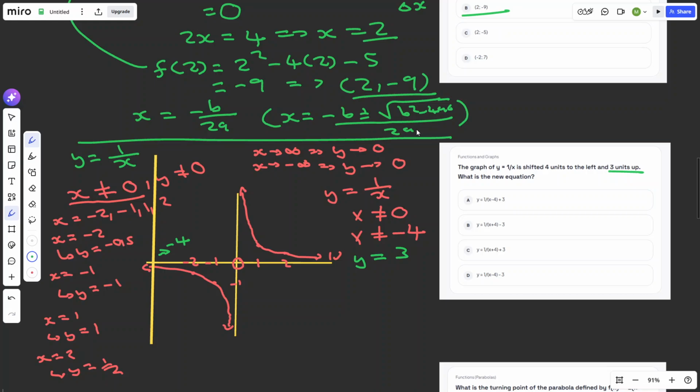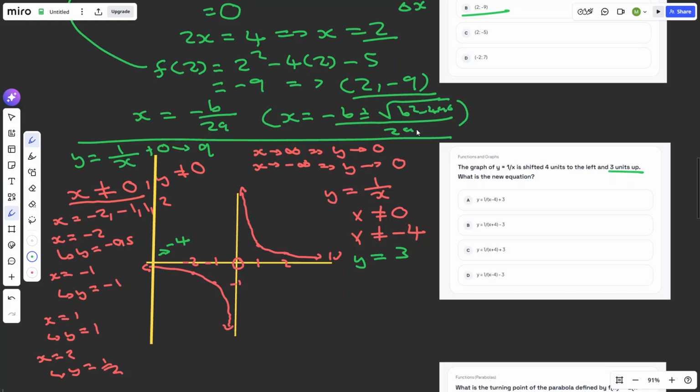Initially y was equal to 0, which is here, but now we are adding 3 units to our function. That affects this value here, which is defined as q. This is a parameter used to define that constant in our function. That constant helps to shift the function up or down. So if it's 3 units up, we add 3. If it's 3 units down, we minus 3.